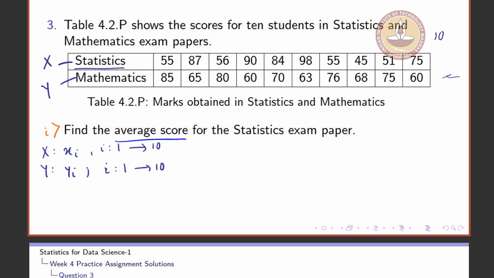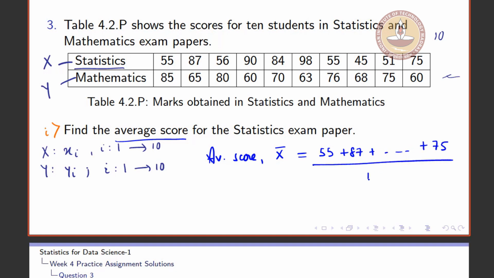So let's calculate the average score. Let's say x bar is equal to 55 plus 87 plus, and so on, up to 75, divided by 10.